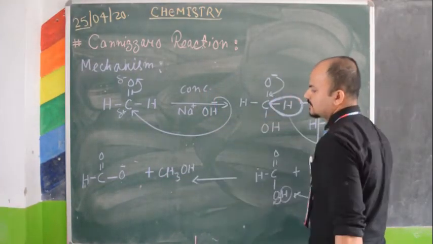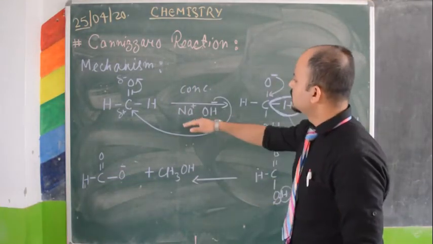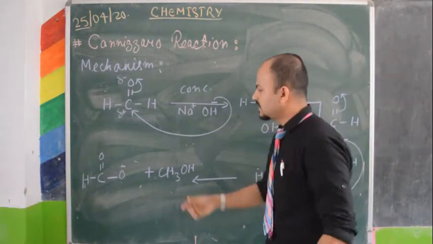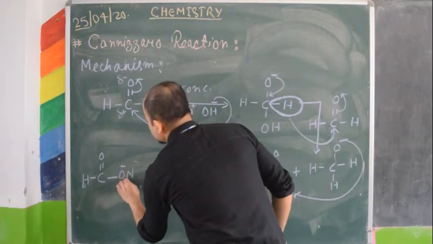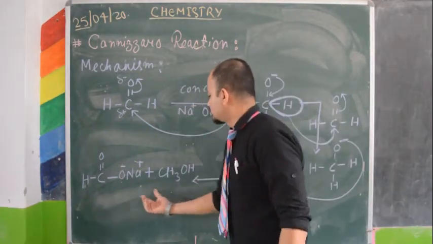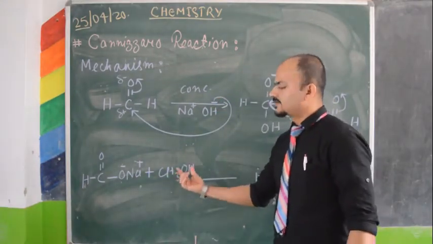This is methanol, and here since it is having a negative charge, and in your reaction condition, this Na positive is present. Therefore, this Na positive will be attracted towards this negative sign. As a result, you get these two compounds. This is the oxidized form, and this is the reduced form.